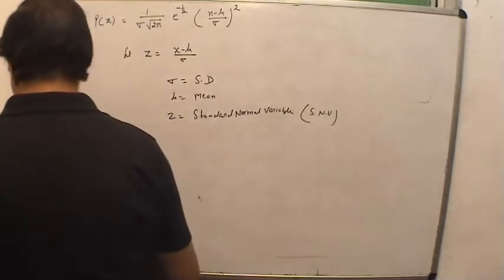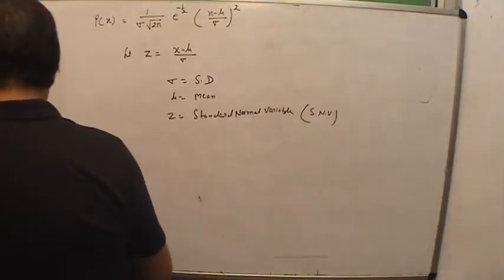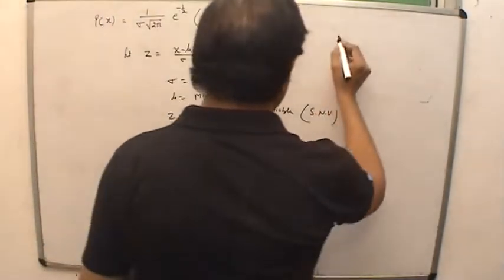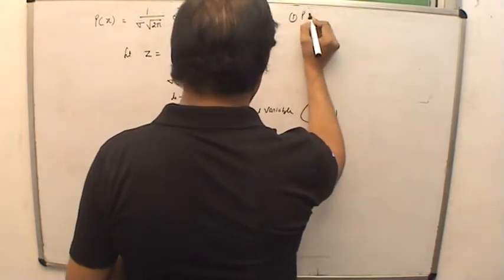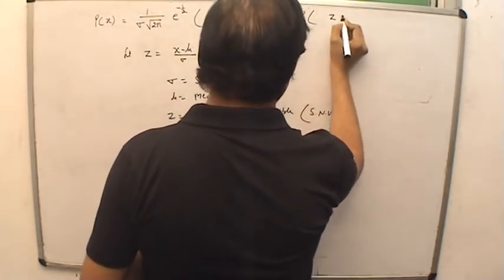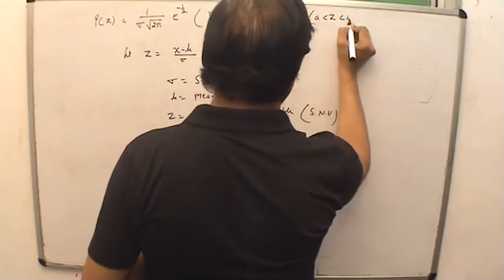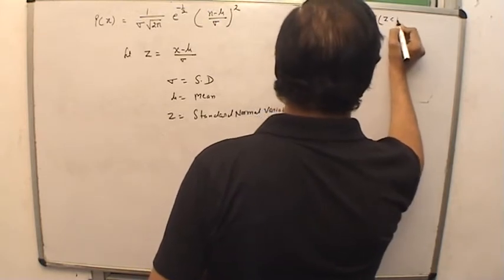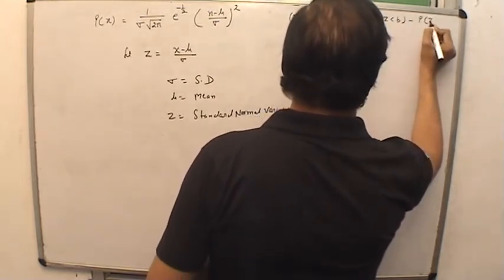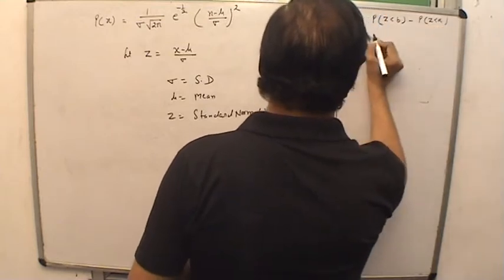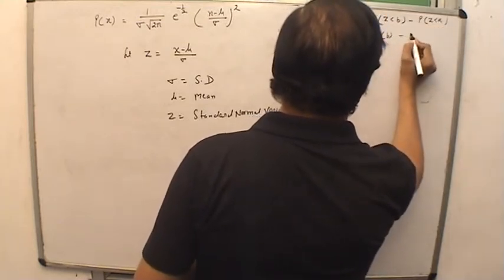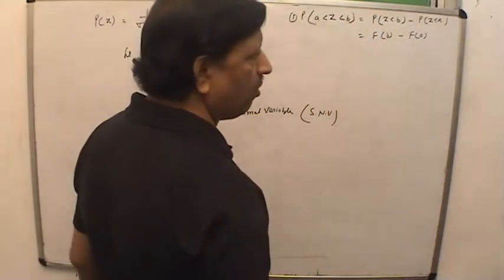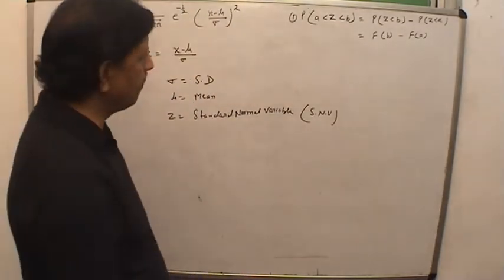Before solving the problems for the standard normal variable, we will have to keep in mind some results. Number 1, if P(Z lies between a and b), that means P(Z less than b) minus P(Z less than a), or if we take its value, F(b) minus F(a), where we have taken the values from the table, or they will be provided in the problem.